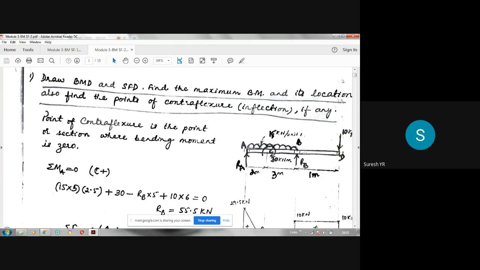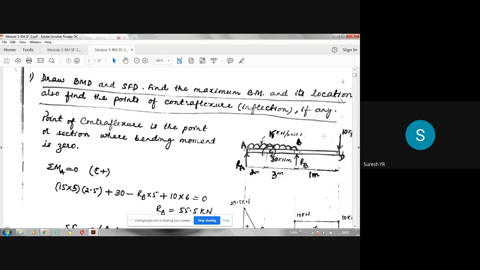This RB will be at a distance of x2 minus 1 from this point F. Then this UDL will be over a length of x2 minus 1 only. So what you have to do is minus 15 into x2 minus 1 into x2 minus 1 divided by 2.